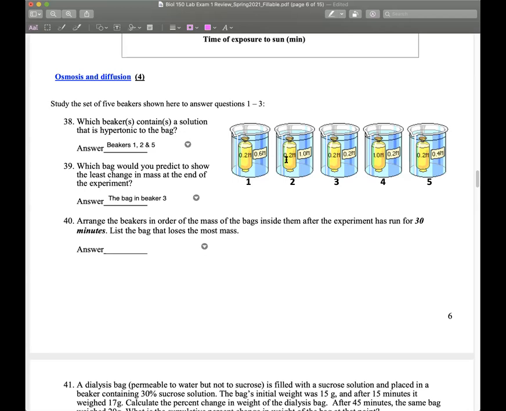And if we switch the way we talk about things, we can refer to the same example, example 2, and say the solution inside the bag is hypotonic to the solution of the beaker because it has a lower molarity. There's just less stuff dissolved in the water inside the bag than dissolved in the water in the beaker.